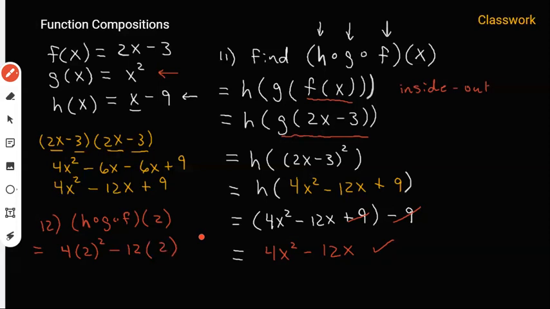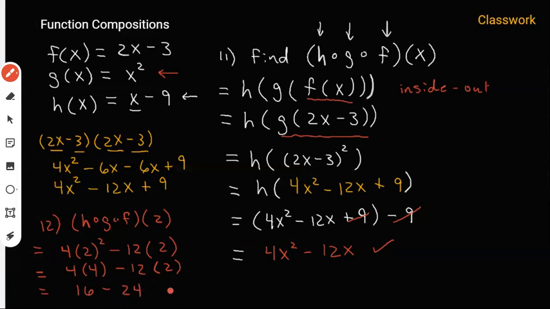Order of operations, right? So exponents come first. 2 squared is going to give me 2 times 2, which is 4. So really it's going to be 4 times 4 minus 12 times 2. So when I do the multiplication, 4 times 4 is 16 minus 12 times 2, which is 24.